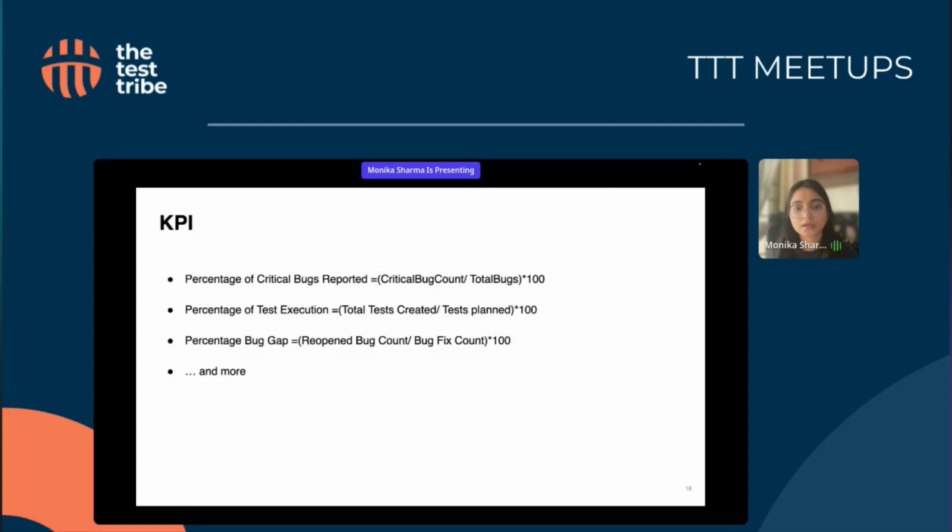The reason is this: say there is a bug, the developer has fixed it, you have tested it, and then we have closed it. Then the same bug came again, so we reopened the issue, the developer worked on it again, and it got closed again. There must have been a gap the first time, whether in development or in testing.